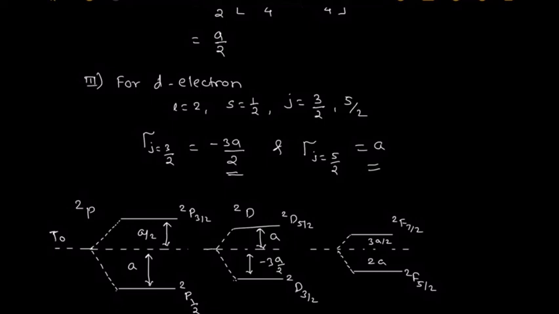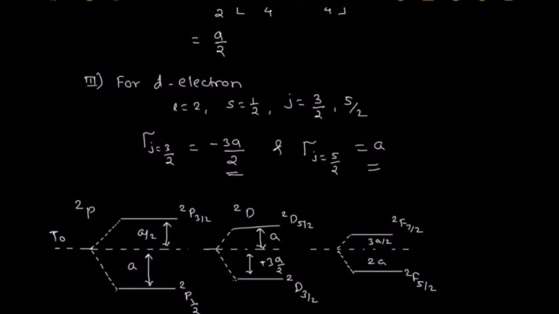The upper state is doublet D 5 by 2. How much does it get separated? The shift of each term from T0 below T0 is always a minus sign, that is minus 3A by 2, and the upper state is A.